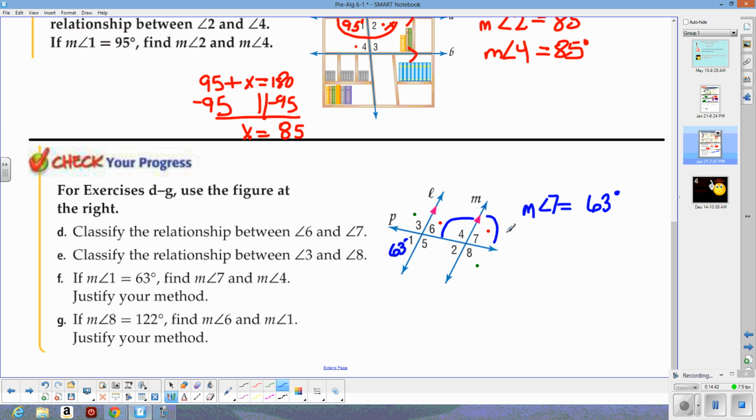Now from that information, we can figure out angle 4. Angle 4 and 7 are supplementary, so the measurement of angle 4 is going to equal 180 degrees minus the 63 that we already have here. So that's going to be 117 degrees.